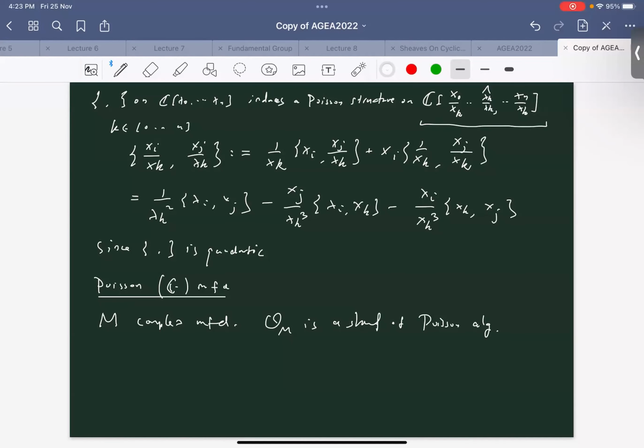This definition has an equivalent way to state it using a so-called bivector. I consider an O-linear map from the cotangent bundle to the tangent bundle, satisfying the following condition: pi dual is equal to minus pi, it's skew symmetry. If I have a Poisson manifold defined so that O_M is a sheaf of Poisson algebras, then I can define this bivector using the following formula.